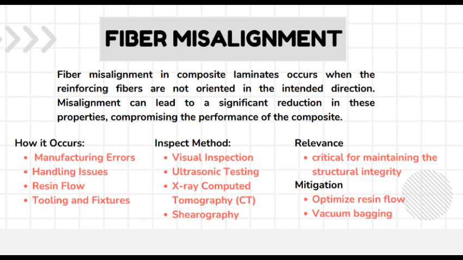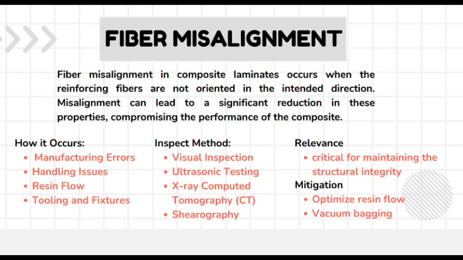Resin flow: during the curing process, resin flow can cause fibers to move if not adequately controlled, leading to misalignment. Tooling and fixture: inadequate or poorly designed tooling can fail to maintain the correct fiber orientation during the manufacturing process.